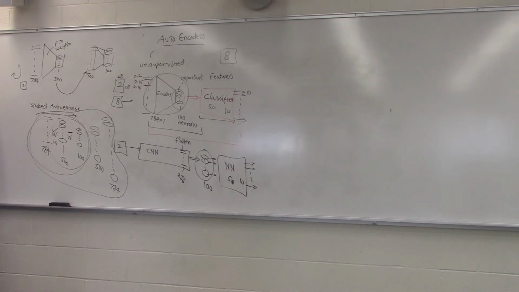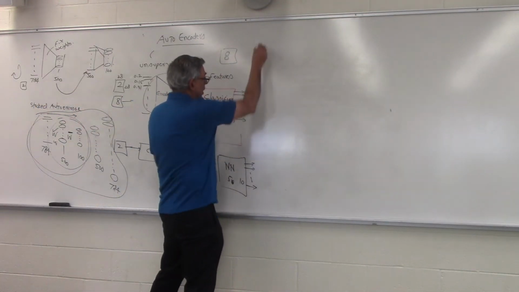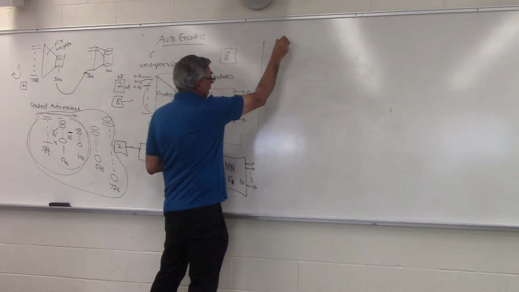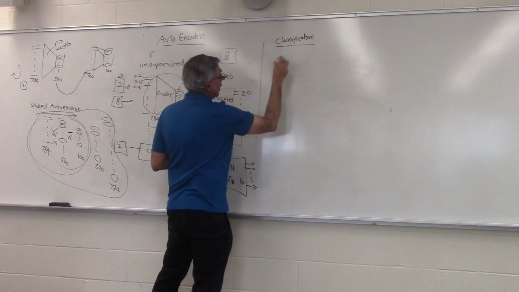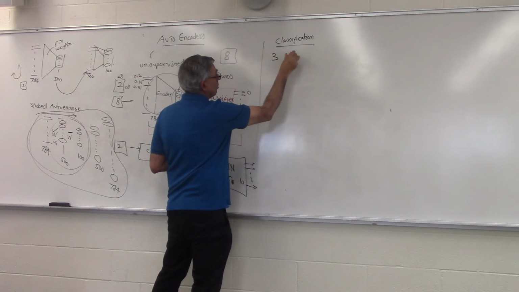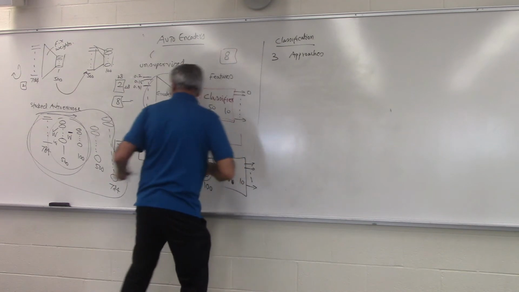So to summarize, we typically have 3 options with data. Let's take a look at our classification problem. We usually have 3 approaches. Let me make it 4 approaches.